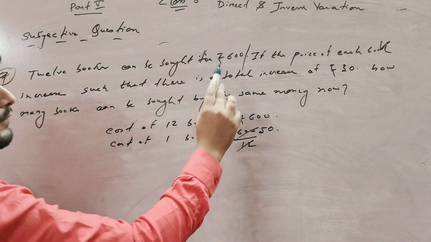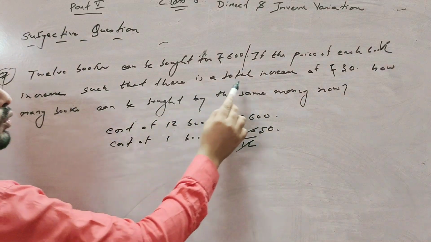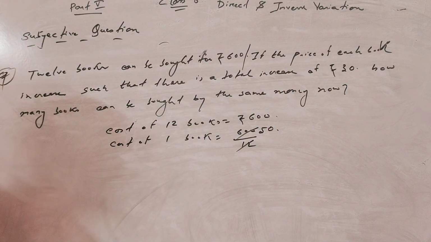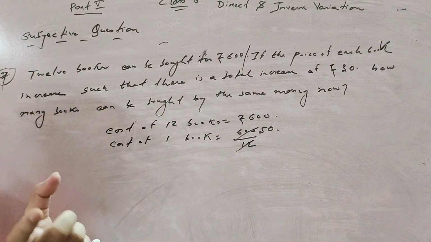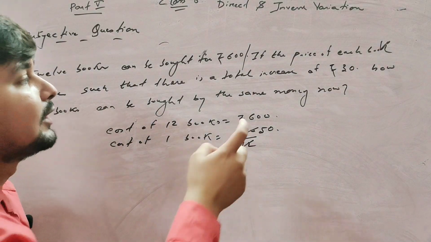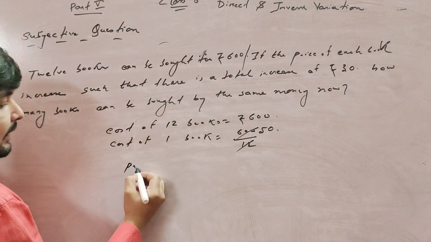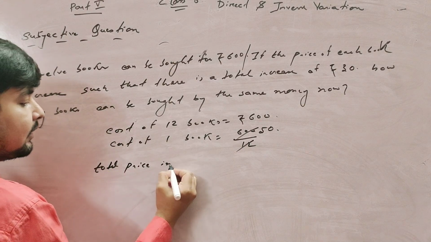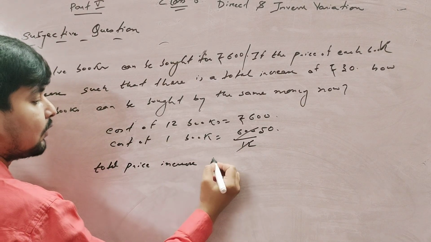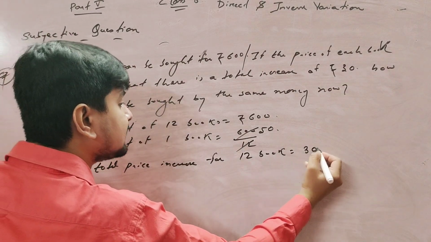Okay, if the price of each book increase such that there is a total increase of 30, not mention what the price, but here mention the total price. That means when you purchase the 12 books, the price getting increased by 30 rupees. So total price increase for 12 books equals to rupees 30.